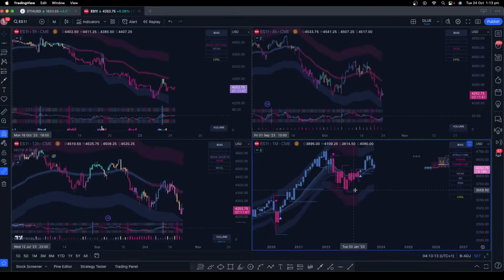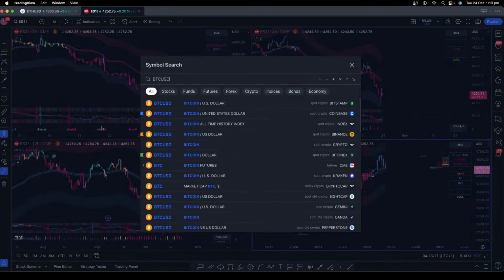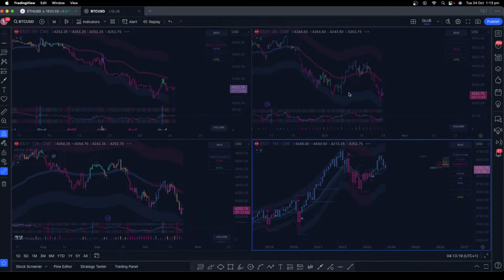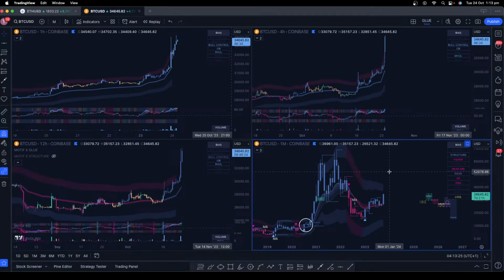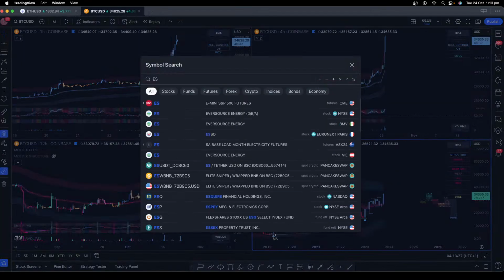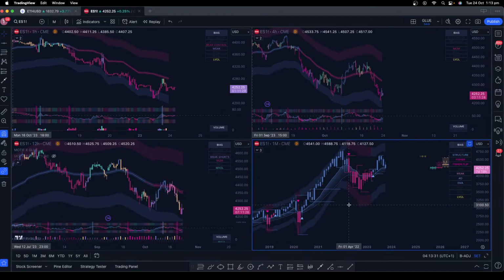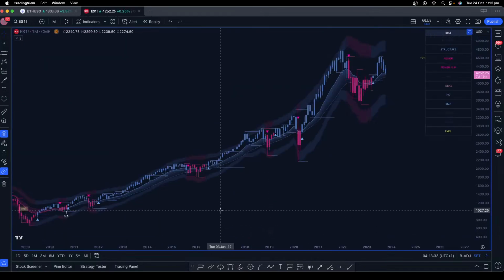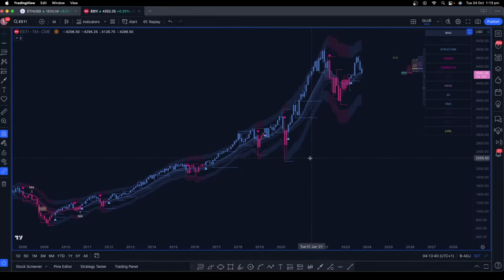Bitcoin tends to move up rapidly with very little pullbacks like this, and then we get huge dumps in the market. I think when an ETF comes along, eventually you may see Bitcoin trade a bit like the ES. I'm not saying it's going to happen, but it could change the way the market moves.